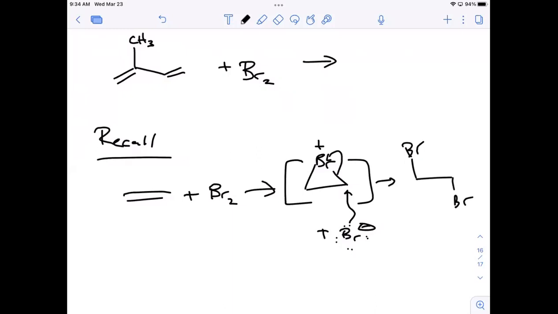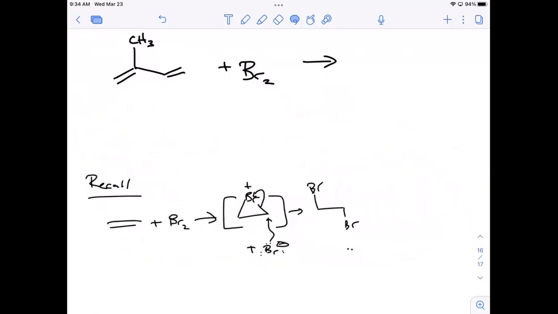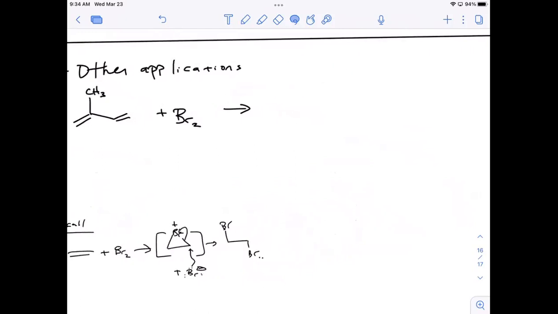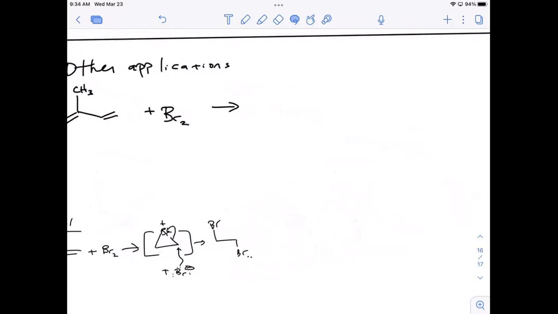All right. So this is a bromination. And the thing about it is that when you do this reaction on a conjugated diene, you're still going to get that same intermediate. So it's not going to be a carbocation, I mean, I'm sorry, an allylic carbocation.